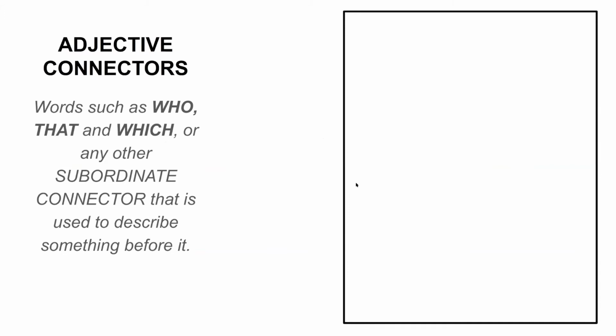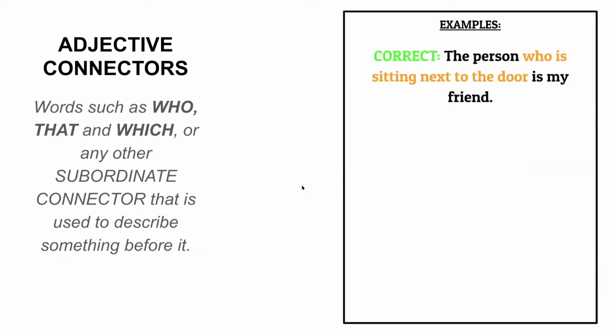So let's look over on the right side. Look at some of these examples here. So for example, look at my first sentence. So it says, the person who is sitting next to the door is my friend. Now this is a correct use of the word who, because in this case, we use the word who after the person we're describing.